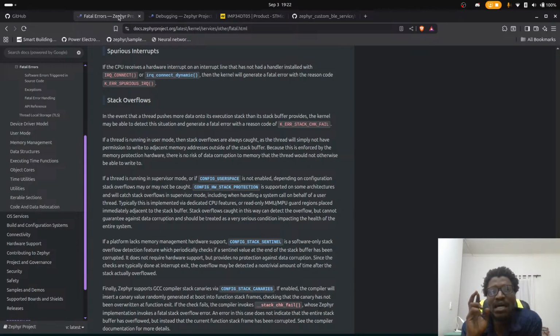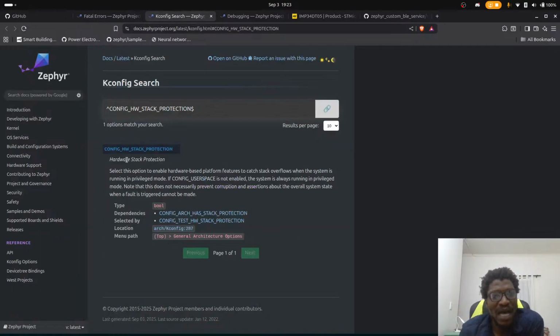And then the next point is you can have some sort of hardware protection. If your implementation of the ARM microcontroller, basically if your manufacturer provides a memory protection unit, you could configure hardware stack protection.